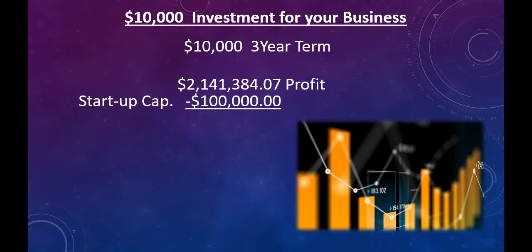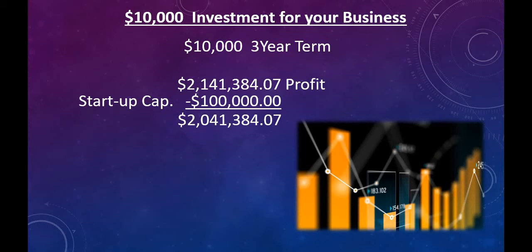I mean, you'll be able to take care of something, and you probably have something left over. So what we're gonna have left over is we still got $2,041,384.07, ladies and gentlemen.